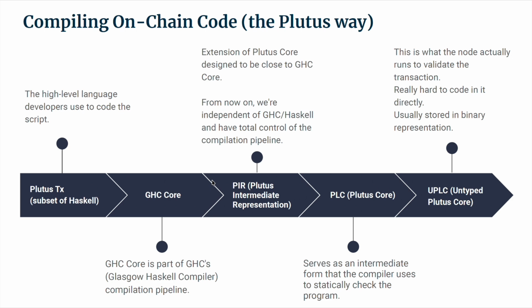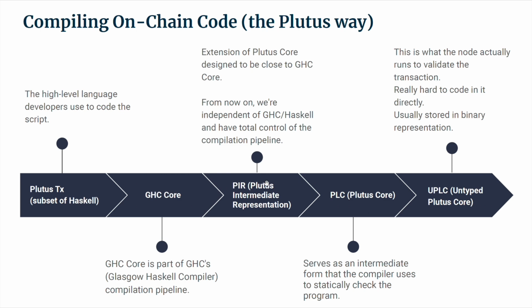And here there are also 3 different intermediate steps that we go through when we compile the code. I don't want to go too much into the details, but basically with Plutus you code in this subset of Haskell, and then the first step is part of the standard Haskell compiler that compiles it into this GHC core language. And then there's something close to that, which is Plutus specific.